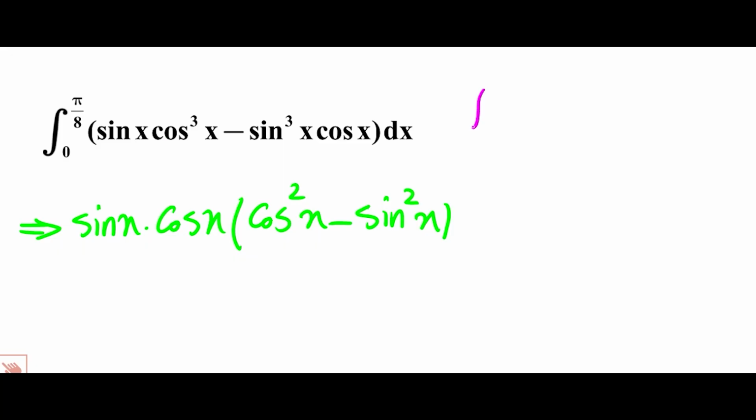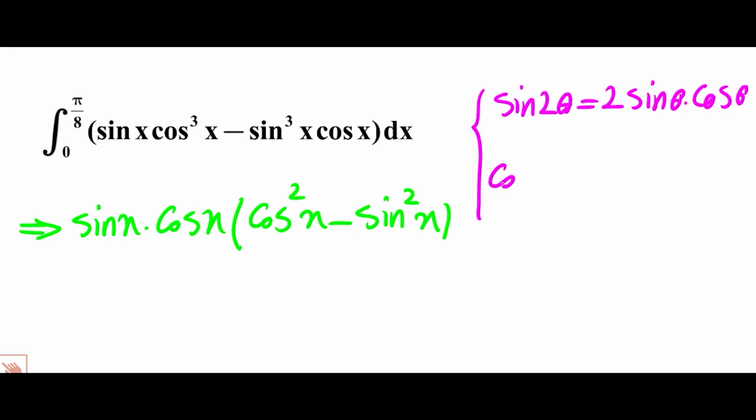And as you know, sine of 2 theta equals 2 sine of theta times cosine of theta, right? And cosine of 2 theta equals cosine squared theta minus sine squared theta, right?